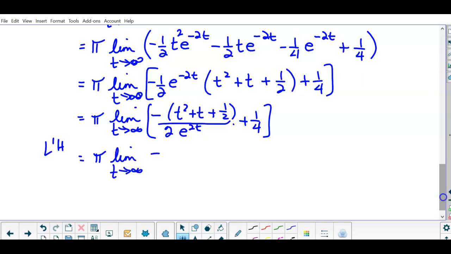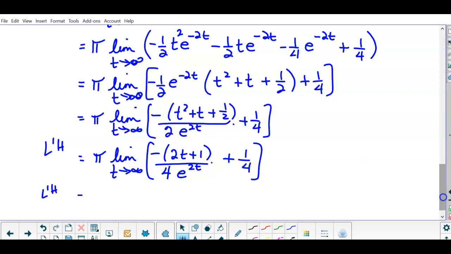So that's going to be negative 2t plus 1 over e to the 2t, and it's still plus 1/4. Still infinity over infinity. L'Hopital's again.